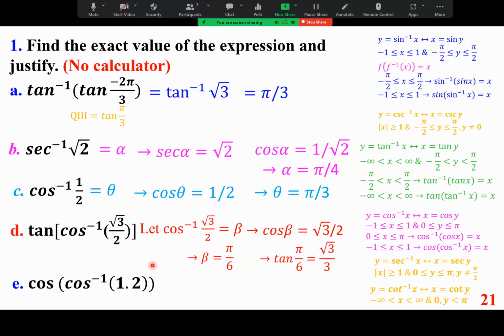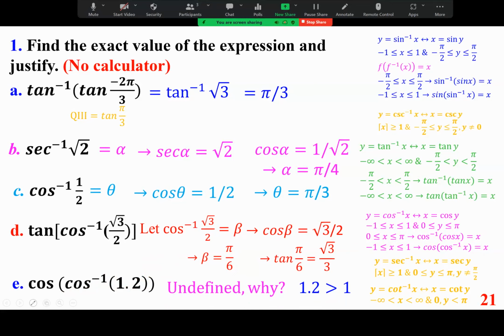Cosine inverse of 1.2. If you don't know it, you can set this equal to alpha and say cosine of alpha is 1.2. As you know, cosine is between -1 and 1. So this is undefined, and the reason is because 1.2 is larger than 1. You can go with this one, for example, and say x must be between -1 and 1.